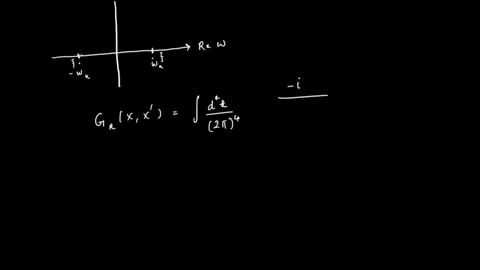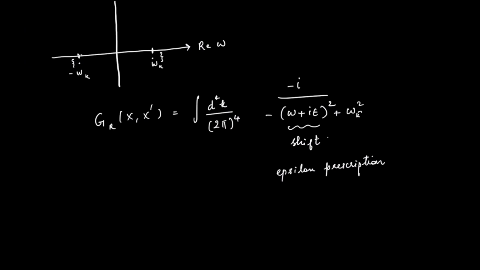It is (omega plus i epsilon) whole squared plus omega_k squared as usual. This is the shift, and this method is called the epsilon prescription. And there is e raised to i k (x minus x prime) as usual.